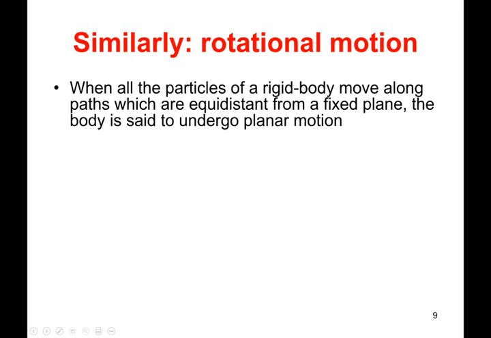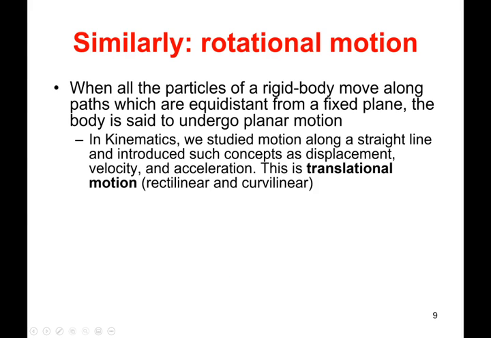When all the particles of a rigid body move along paths which are equidistant from a fixed plane, the body is said to undergo planar motion. And in kinematics, we studied motion along a straight line and introduced such concepts as displacement, velocity, and also acceleration.